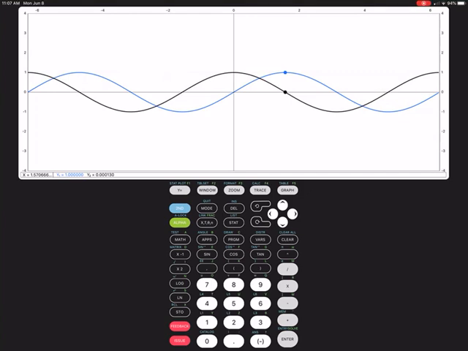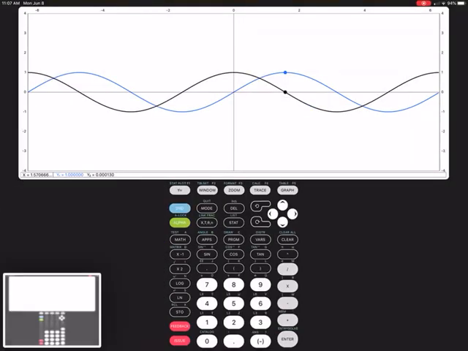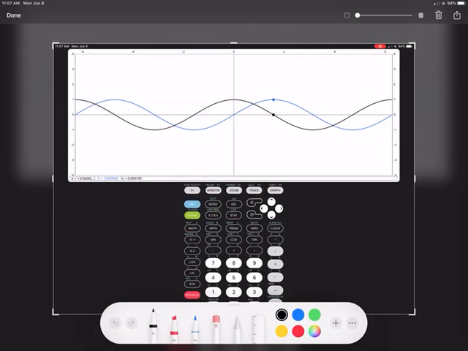I'll write that on here. It's a good thing to look at. Let's pull that up so we can analyze this a little further. The sine of x plus pi over 2 equals your cosine function. So you take this point here and shift it left by subtracting pi over 2.